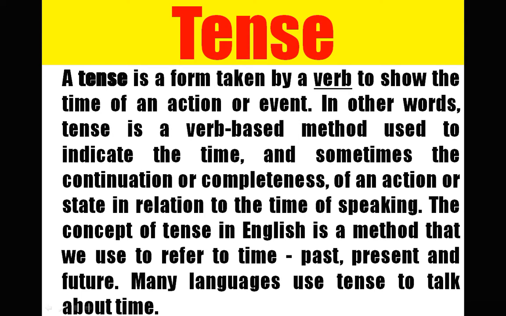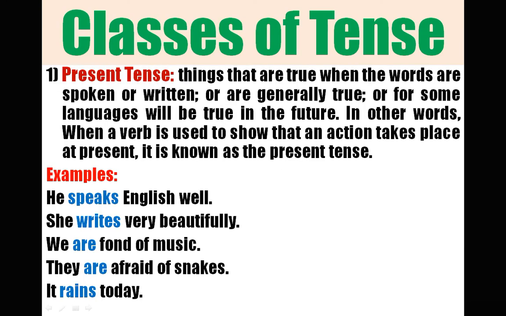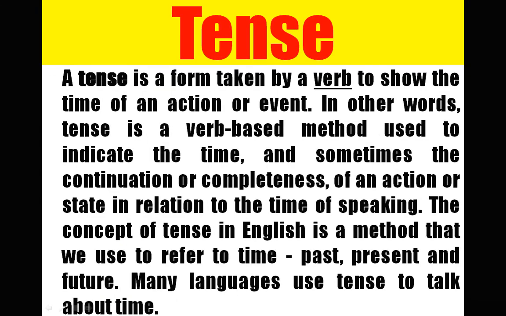So the form of the verb that indicates whether an action has taken place, an action is taking place, or an action will take place in the future, that is what makes up tense. In English grammar, tense has about 12 categories, and the 12 categories are divided into 3.